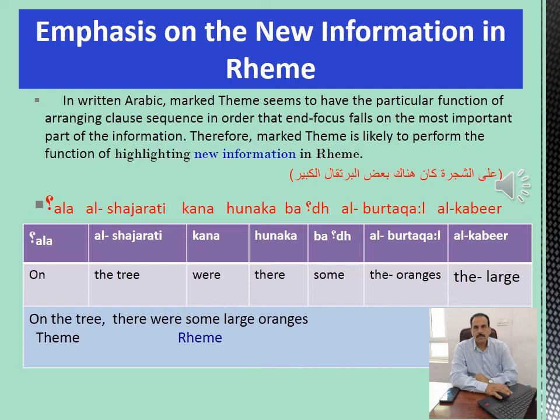On the tree, there were some large oranges. على الشجرة, on the tree, is the theme, while كان هنالك بعض البرتقال الكبير, there were some large oranges, is the rheme of the sentence.